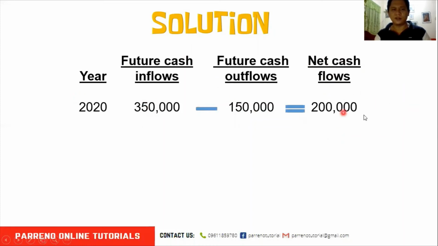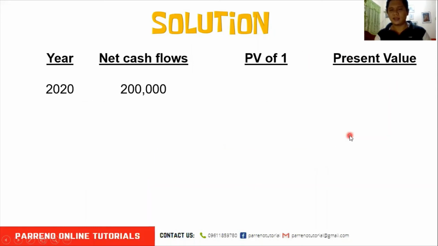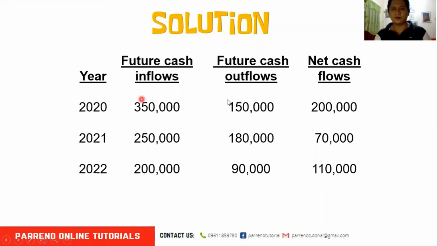That's for 2020, 2021, cash inflow less outflow, net cash flow. Then we have 2022. So we now have the net cash flows for these years, 270 and 110.